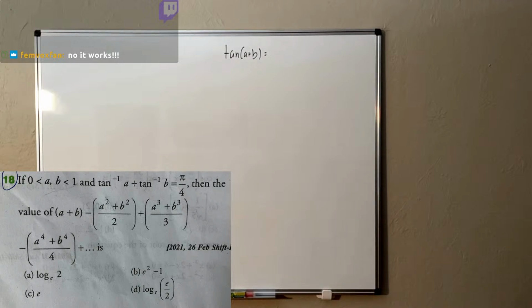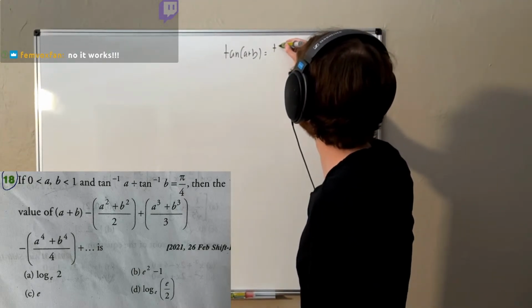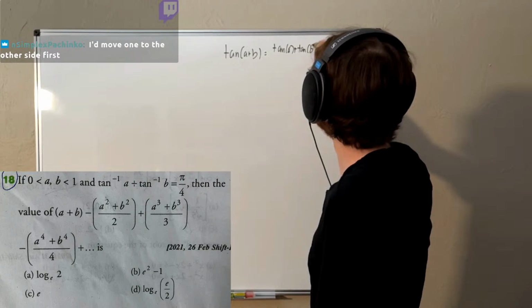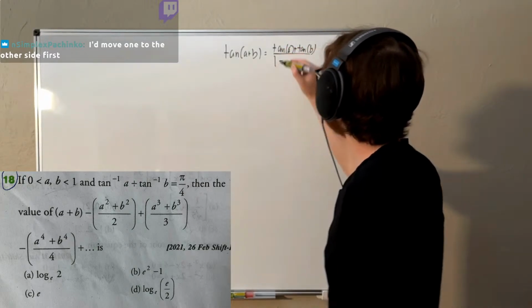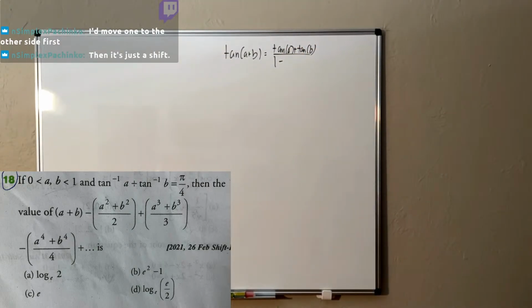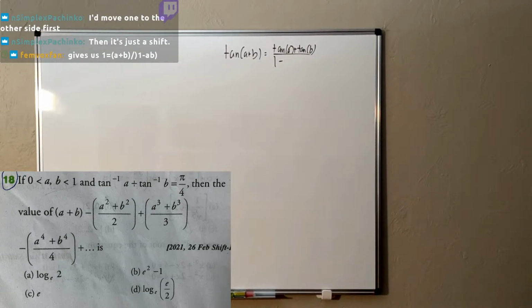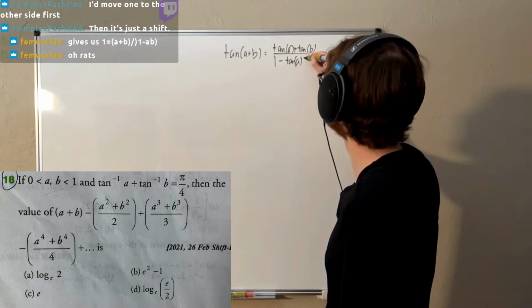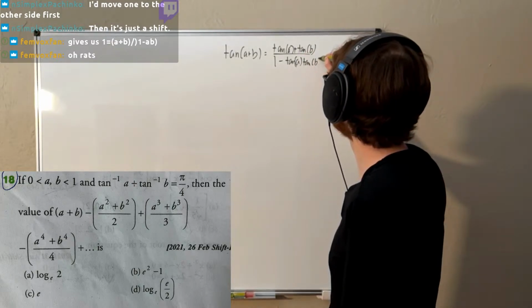Tan A plus tan B over one minus tan A times tan B. Okay.